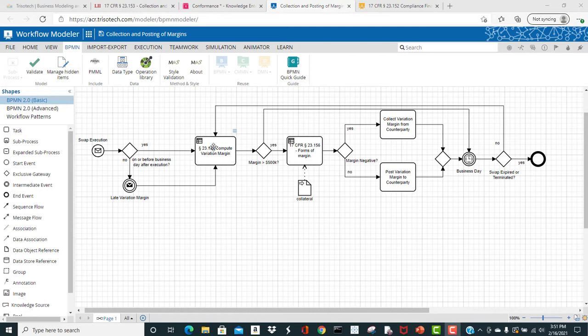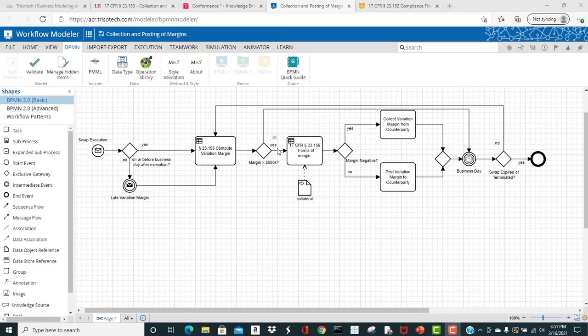But then the next step after that is decision logic related to 23.155, computing the variation margin. And then we have a gateway that implements the rule for the minimum transfer amount, which is $500,000.